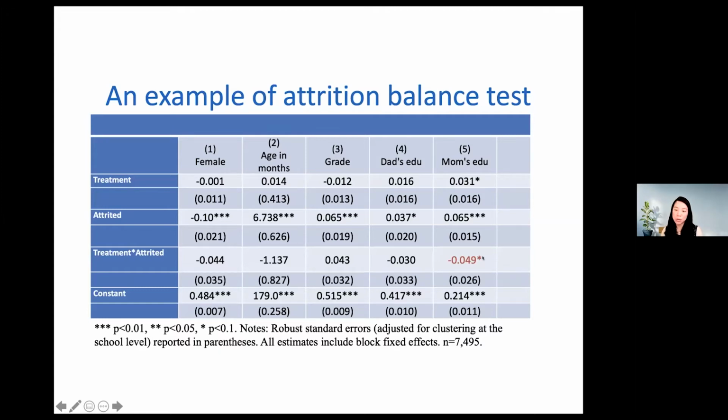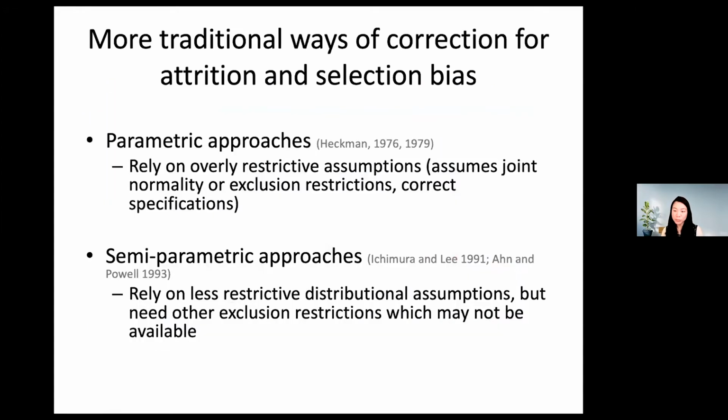You just need to put everything on the table and explain and discuss how that affects the impact you measured. Ideally, if it's balanced after attrition, then it's not a big threat to the experiment.